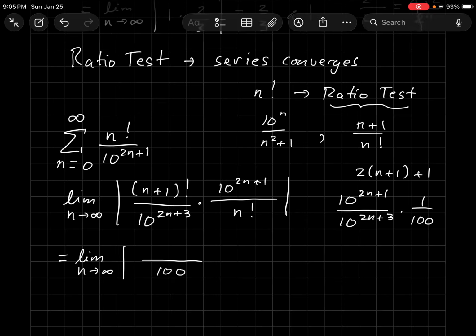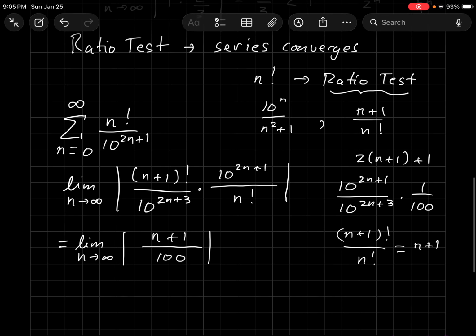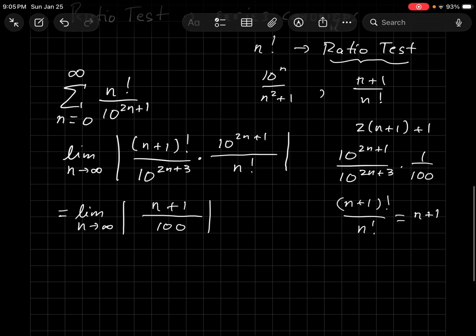But if I get n plus 1 factorial over n factorial, well, that leaves me with an n plus 1 on top. And since we have an n left over, we can plug n, quote unquote, equals infinity, which means my ratio goes to infinity.